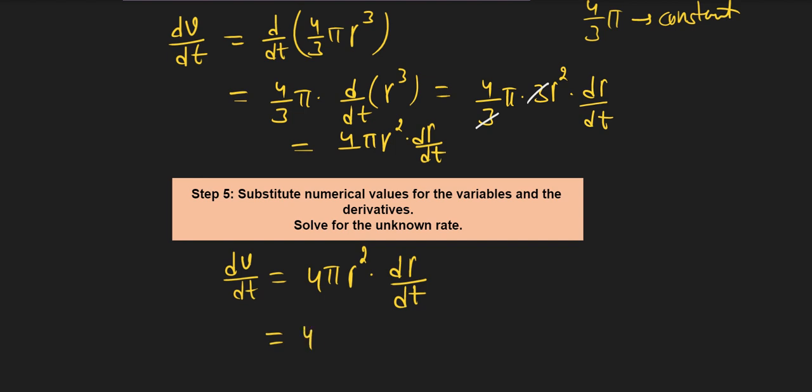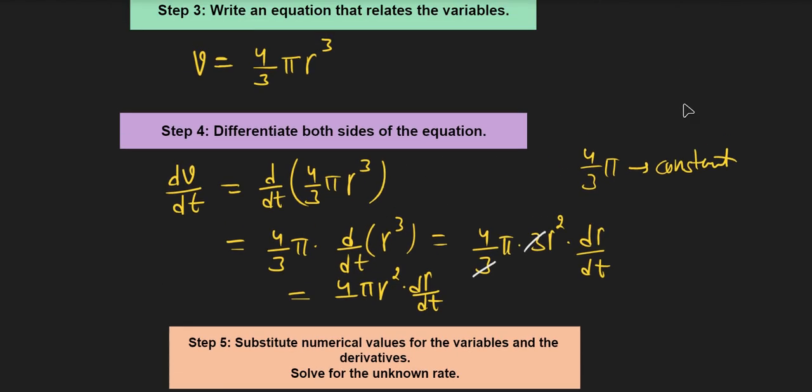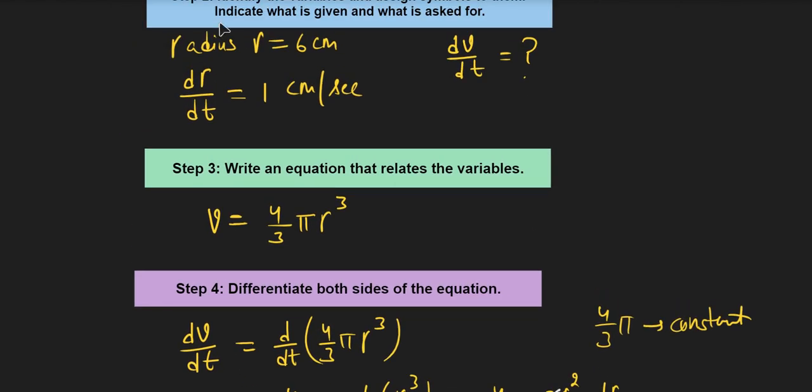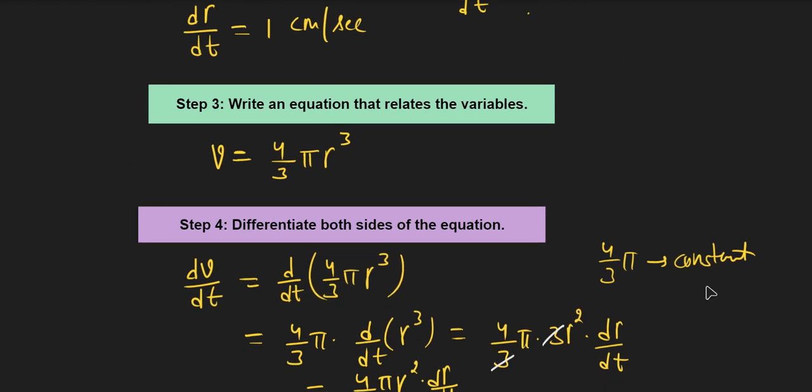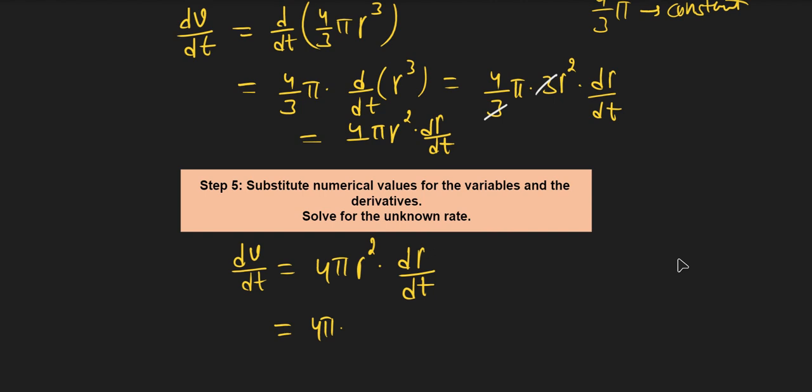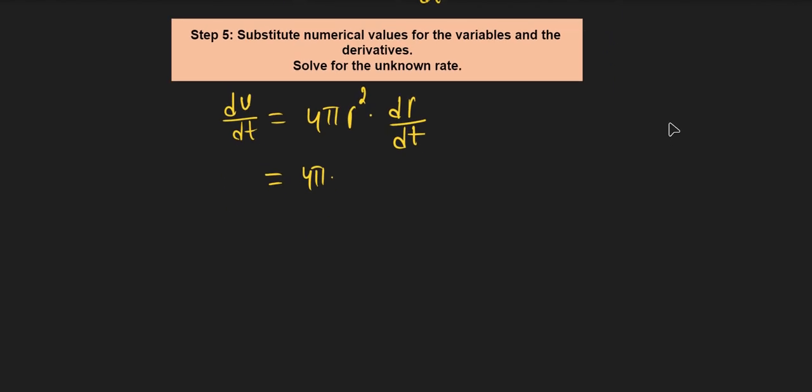So it's going to be 4 pi, and the radius of this problem, in the beginning, was given to us. You can see we already wrote that in step 2, that the radius is 6 centimeters and dr over dt is 1. So all I'm going to do is go up and replace the radius with 6 and dr over dt with 1.